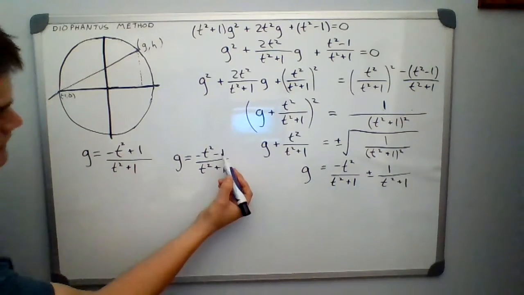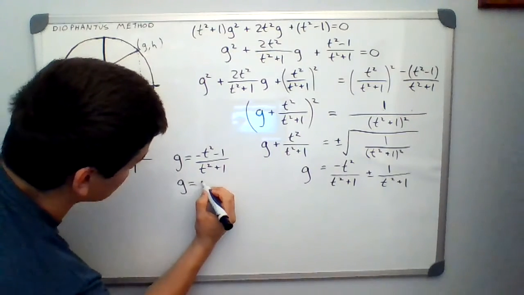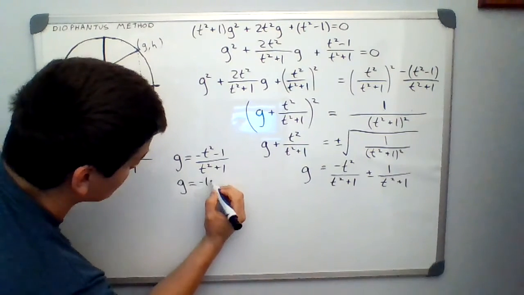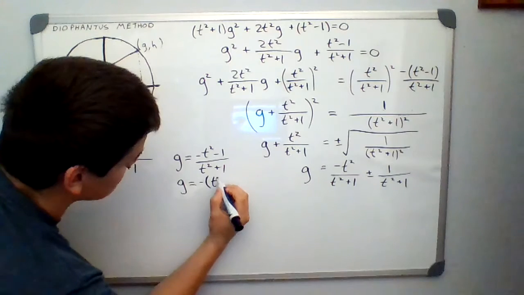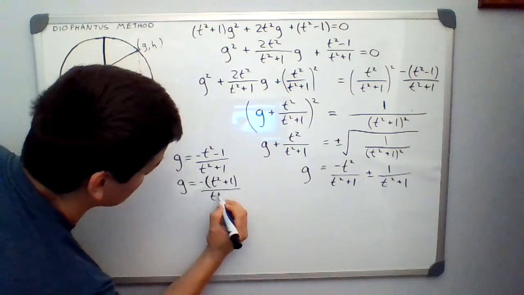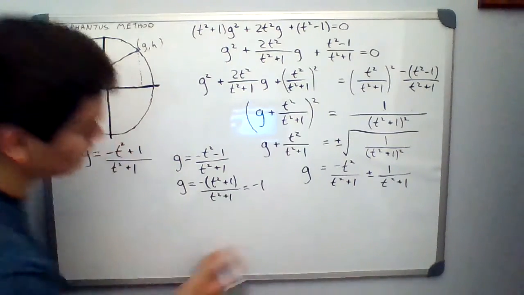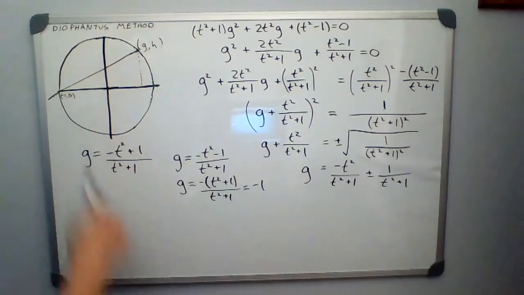So now you can see if I factored out a negative 1 here, I would have g equal to negative times t squared plus 1 over t squared plus 1, which is just negative 1. So that's g equal to negative 1. That's what I predicted one of our answers would be.